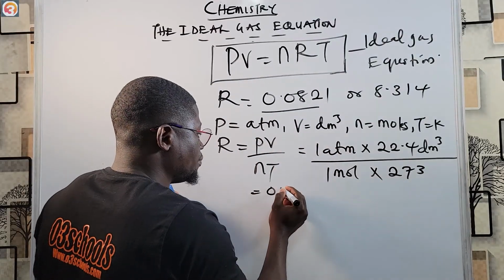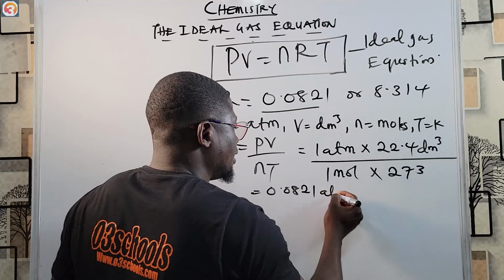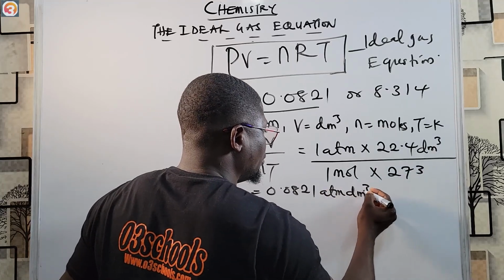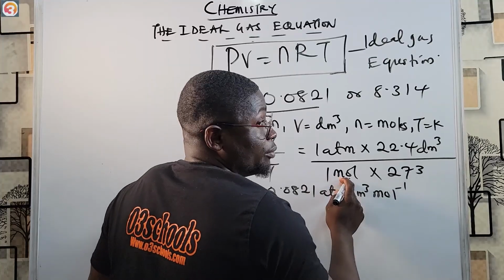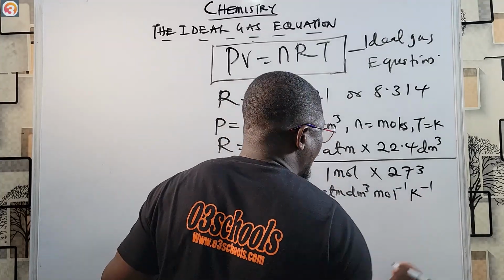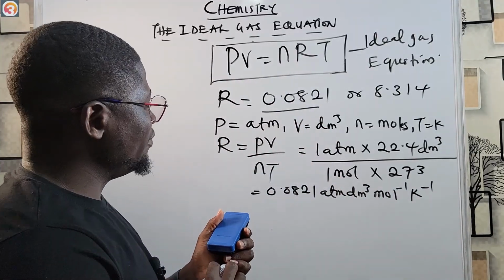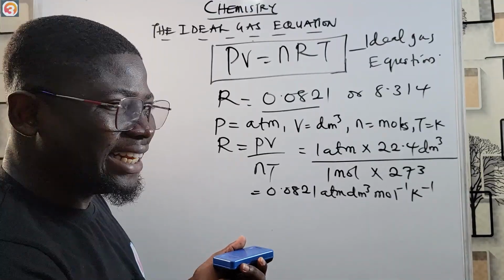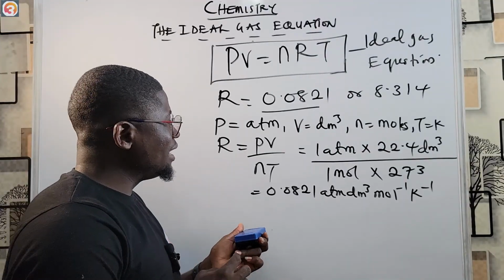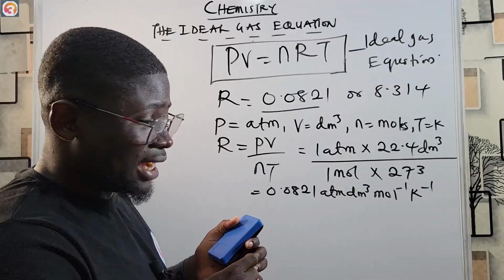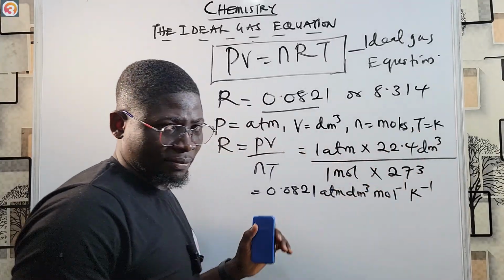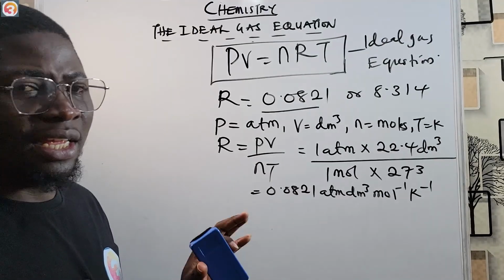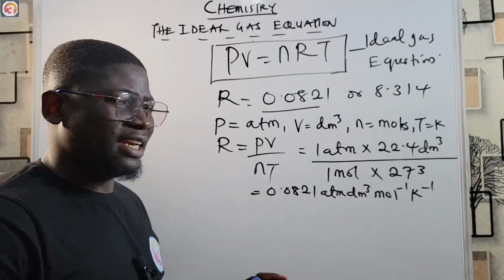So I'm going to have 0.0821 ATM dm³ per mole per Kelvin. This will be the value of the ideal gas constant if the values of all these variables are in ATM, dm³, moles, and Kelvin. So you have to be very, very careful so that you do not make any mistake.